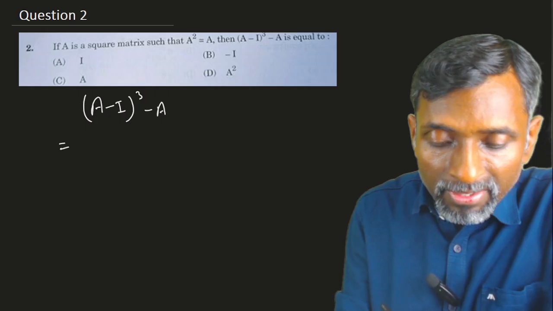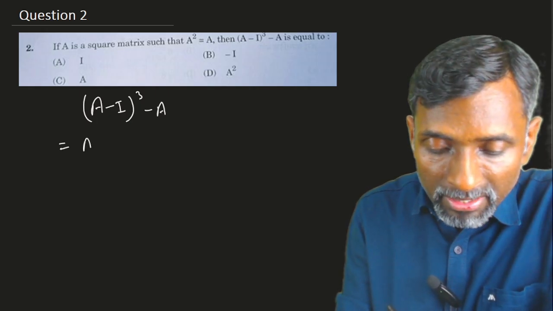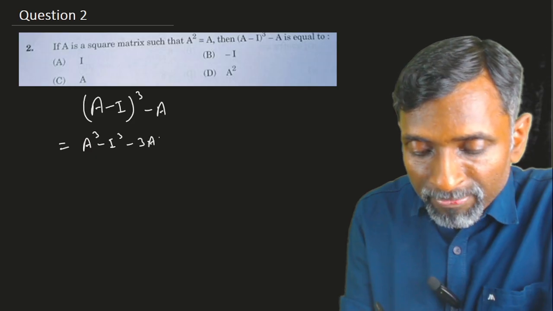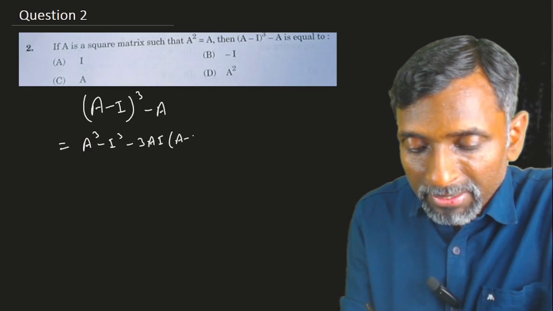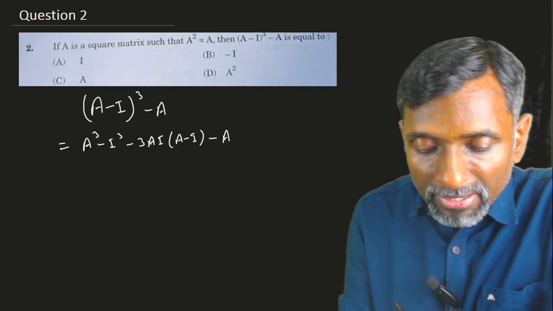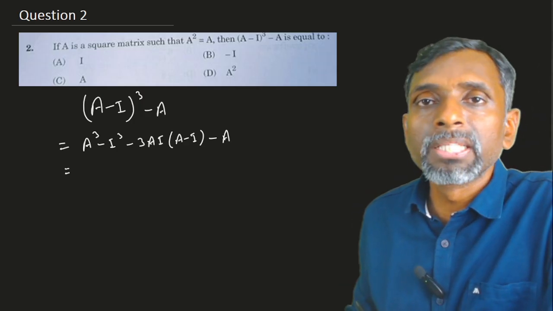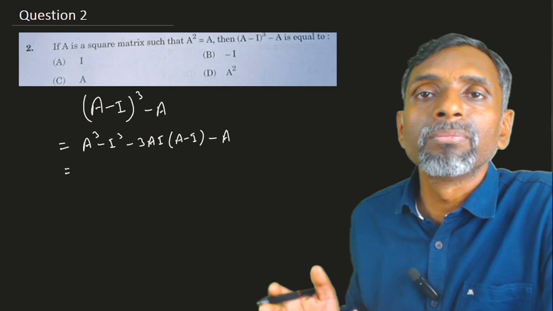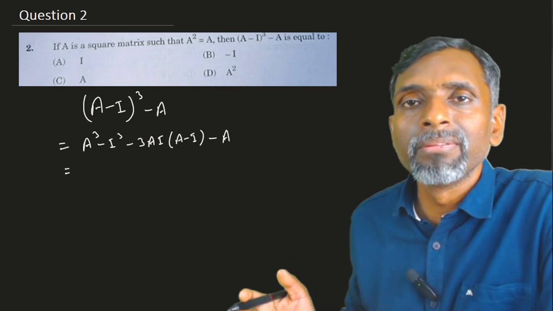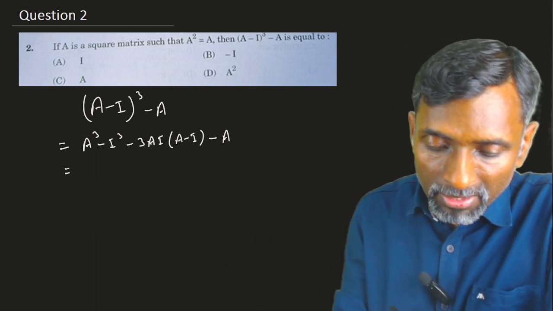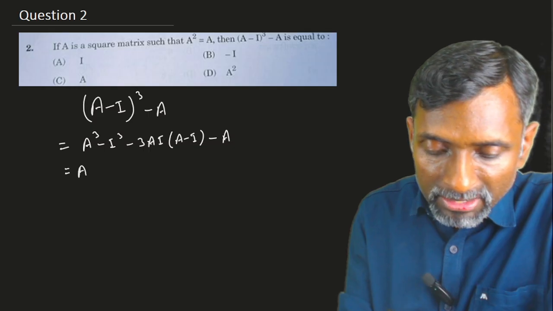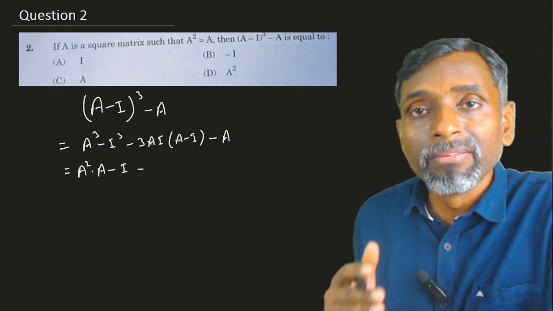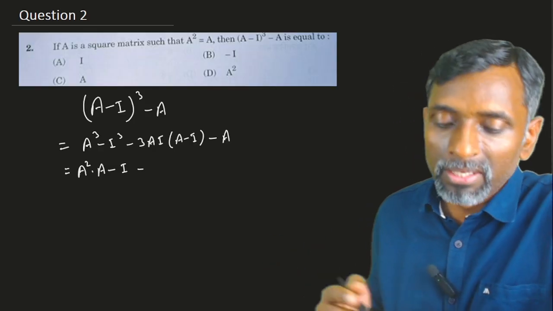So we use the identity (a minus b) whole cube, which can be written as a cube minus b cube minus 3ab multiplied by (a minus b). Matrices cannot be divided, but in place of 1 we take the identity matrix, because A multiplied by the identity matrix is A. So A cube can be written as A squared multiplied by A, and I cube can be written as I, because if you multiply the identity matrix with itself, it is again the identity matrix.